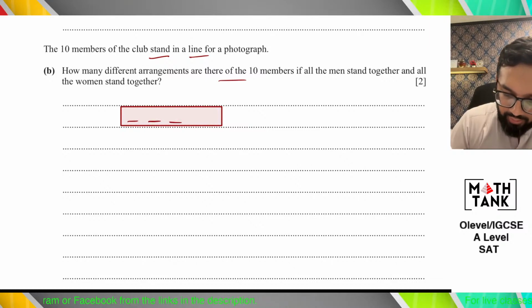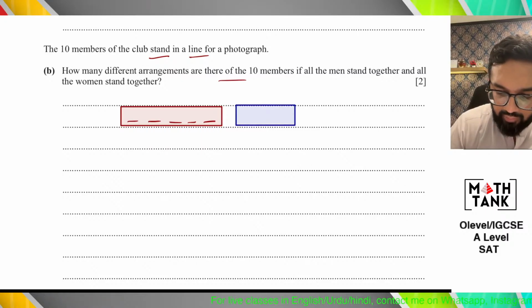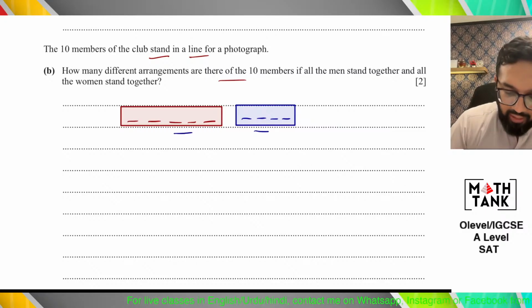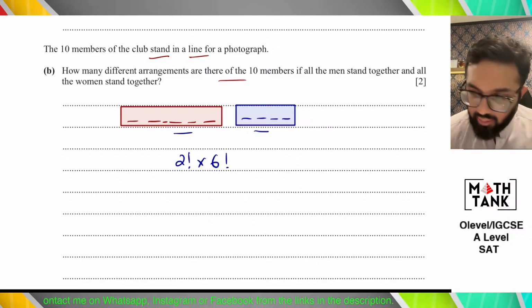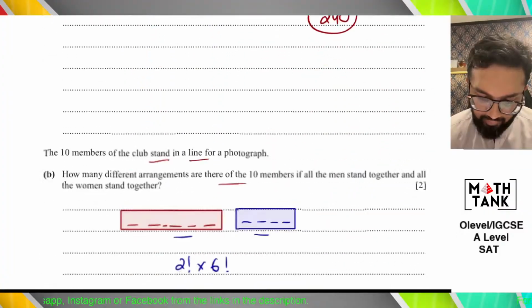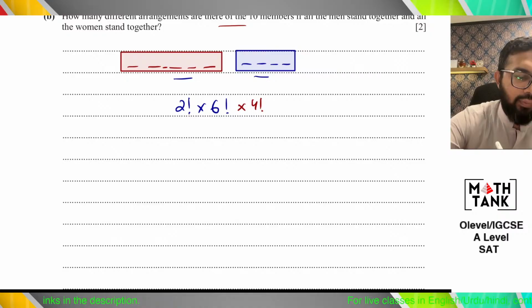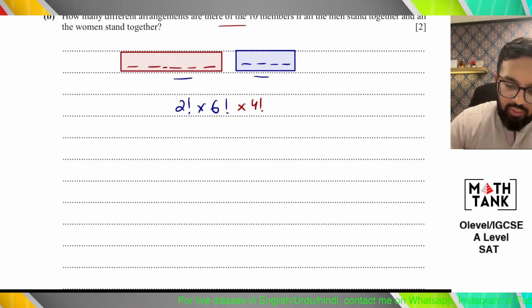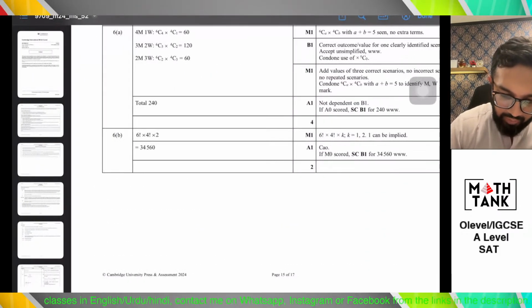So men 1, 2, 3, 4, 5, and 6, and then women. पहले तो बॉक्सेस आपस में शफल कर सकते हैं, then 6 factorial, और फिर 4 factorial. 34560, okay.